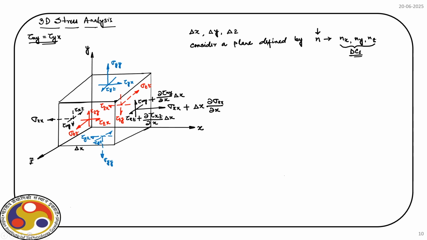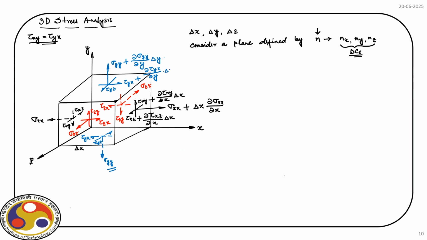So, we will go to y face and then we will repeat it for the z face also. So, if this is sigma y, here it will be sigma y y plus its increment times delta y, that is the component. And similarly, the other two we can also write down.